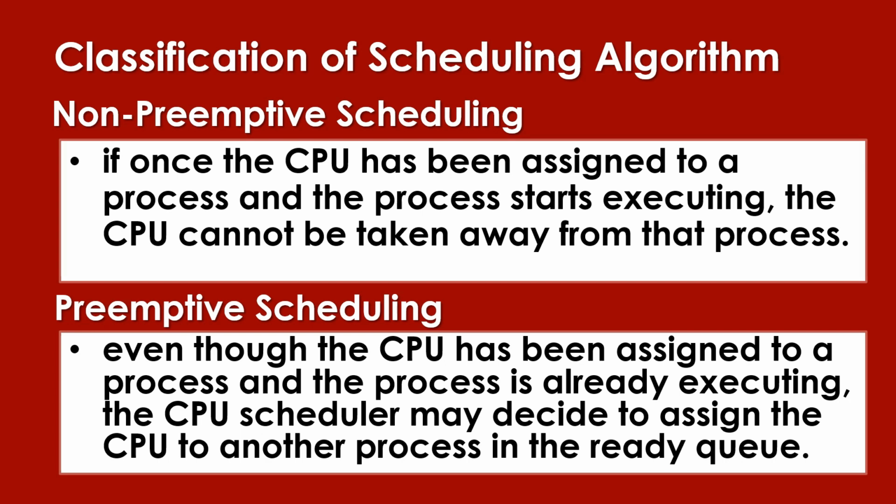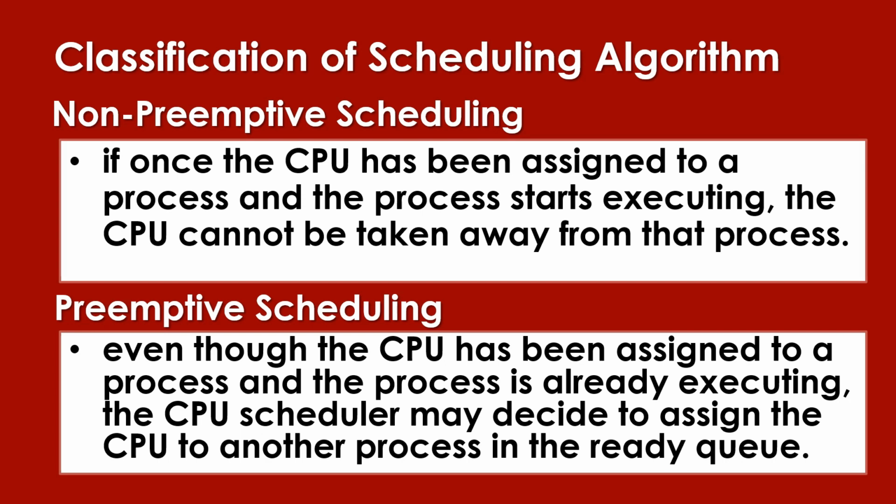So, para mas maintindihan yan guys, pag sinabing non-preemptive, kapag may nagra-run na process dun sa CPU, tatapusin yun ni CPU. While the preemptive, kapag may nagra-run na process pero may dumating na mas mataas yung priority, pwedeng tanggalin yung process na ongoing nagra-run and ilalagay niya yung isang process na may higher priority.